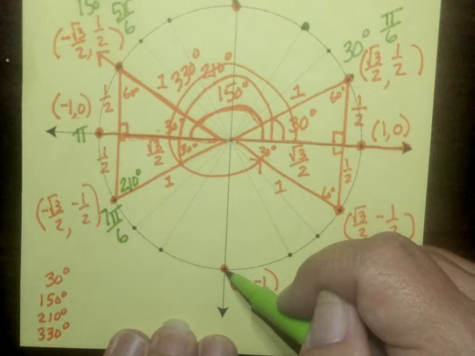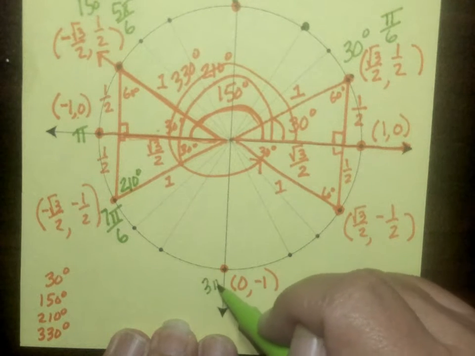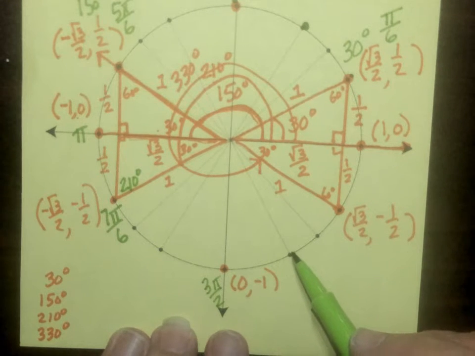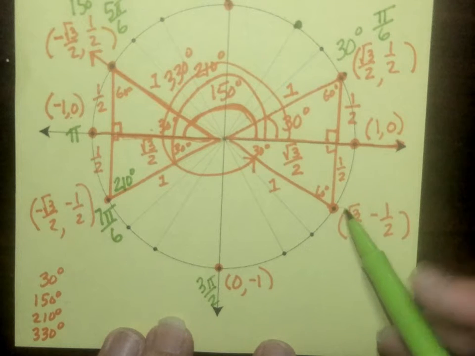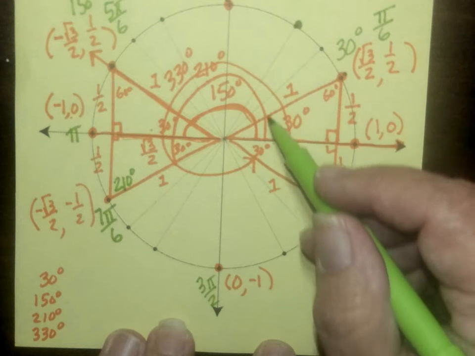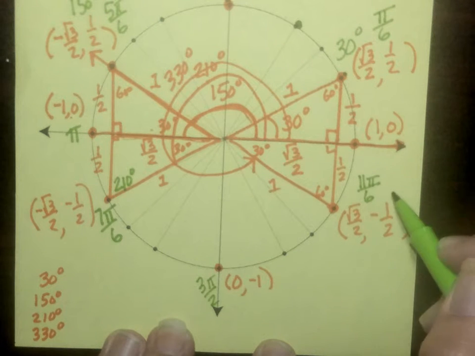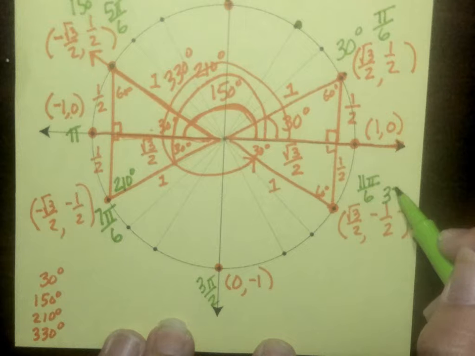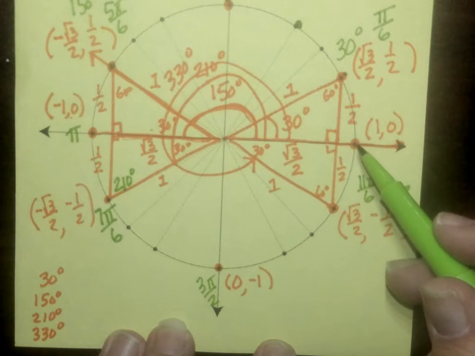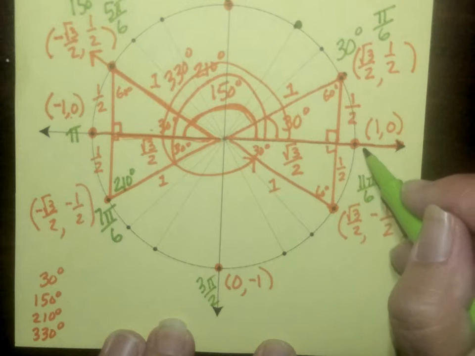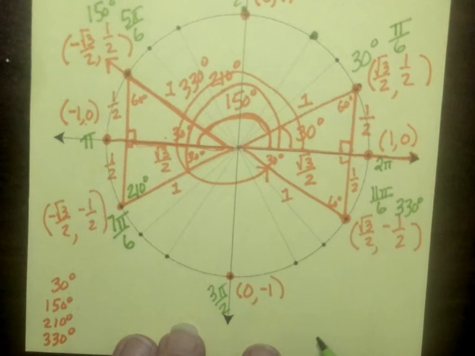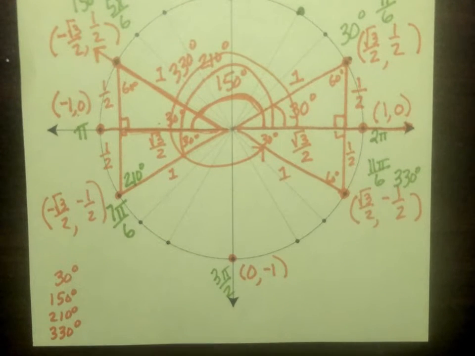This is 9 pi over 6, which reduces to 3 pi over 2. 10 pi over 6. So this guy is 11 pi over 6. And that was our 330 degrees. And then do you see if we go to here, that's 12 pi over 6, which is 2 pi. So we can count around the unit circle in pi over 6 increments.